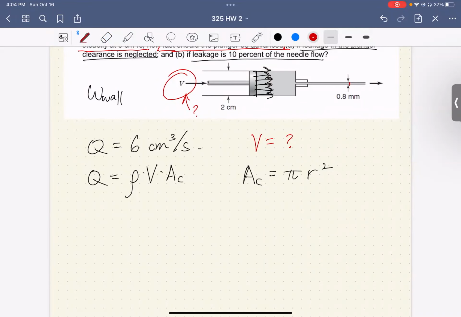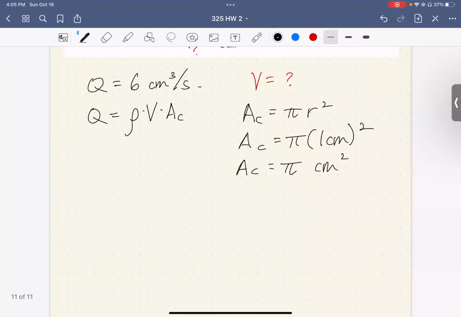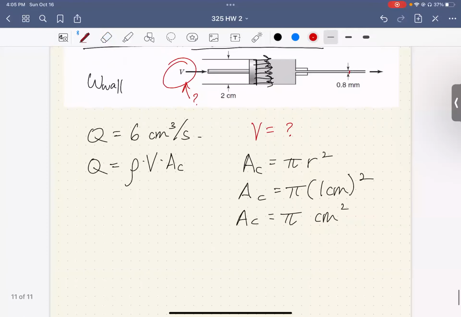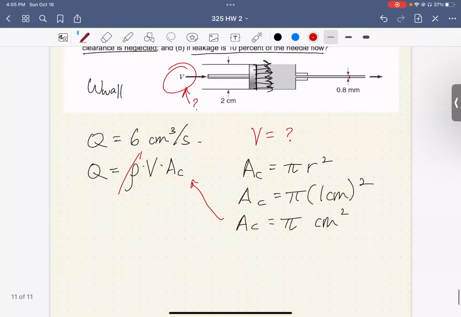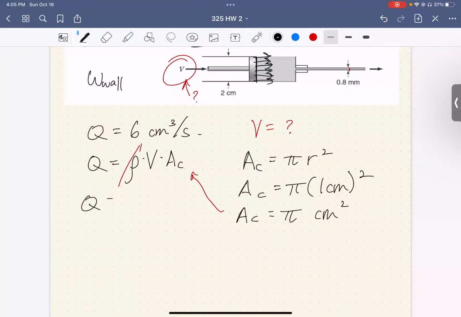And from here, we also want to check our units. Cross-sectional area is pi times 1 centimeter squared, so pi centimeters squared. Great. We also know rho, which is 1. Well, that means we have Q equals V pi centimeters squared.